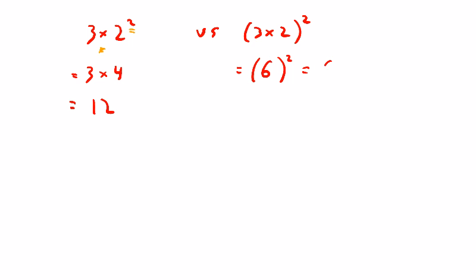That could also be written as 6 squared. Since the parentheses are only around the number 6, they're not necessary. And that is a shorthand way of saying 6 times 6, which gets us to a value of 36 when we do the multiplication. So you can see we get very different answers depending on whether we use parentheses or don't use parentheses. Let me give you a second example.